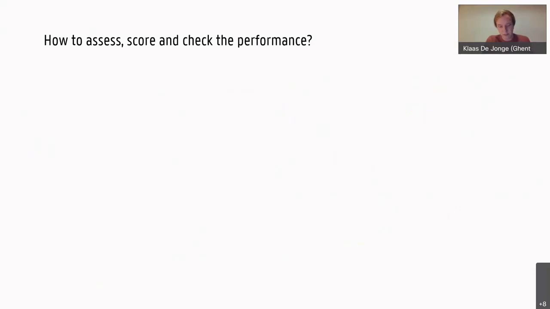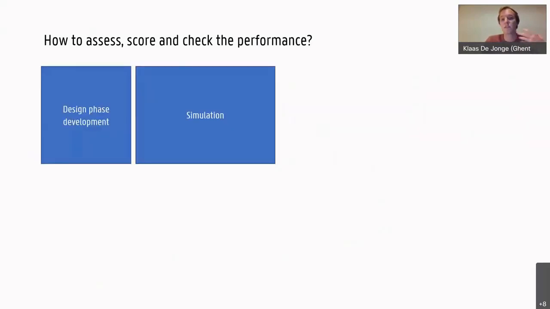To answer the first question, we first took a step back and said, okay, how will this assessment method, this framework, be used? And there are basically two things you can summarize it in. The first one is, you want to have a tool in the design phase, in the development of new control strategies, to predict what the performance would be before you start installing it in all of your residential buildings.